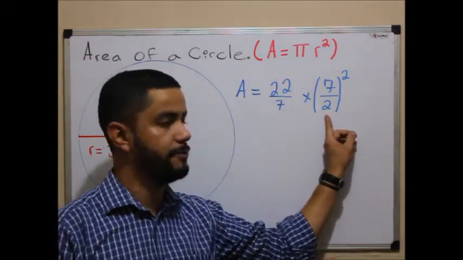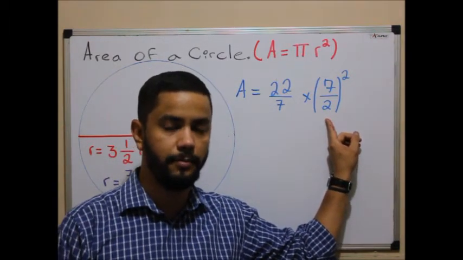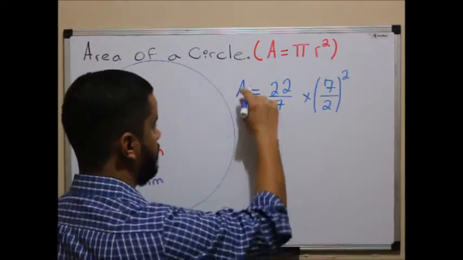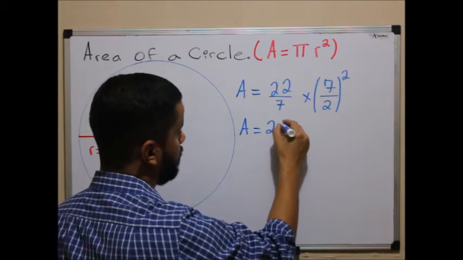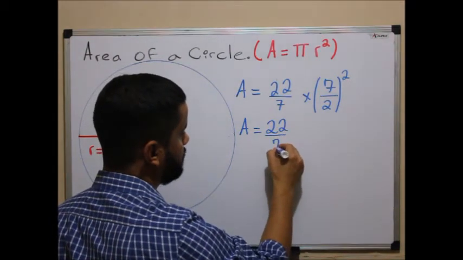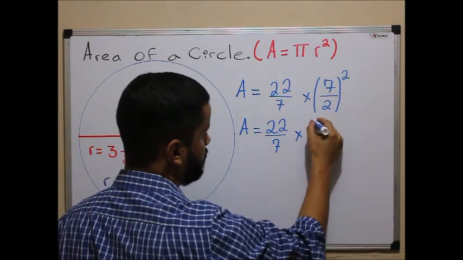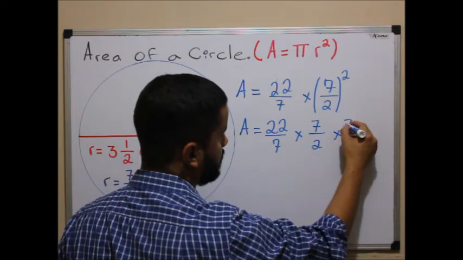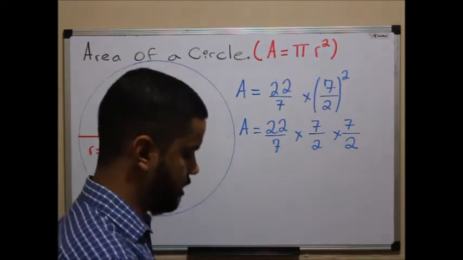When you get fractions as radius, we're going to place them inside parentheses. Now the area will be equal to half pi, 22 over 7, times 7 over 2 times 7 over 2. There.